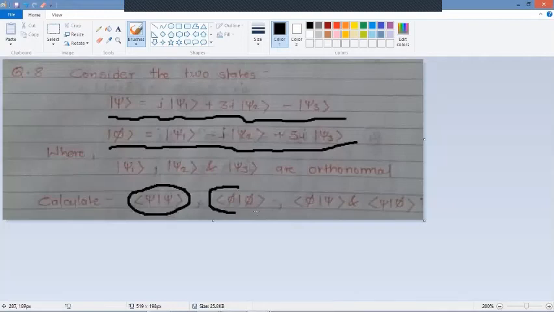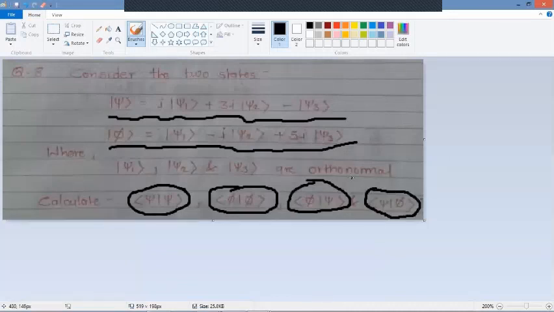We have solved the inner product many times, how we can calculate it, so I'm not going to solve it again. I'm just going to tell you about question number 8. You can also do it in your notebook and you will find the correct answer. I'll show the correct answer of it.